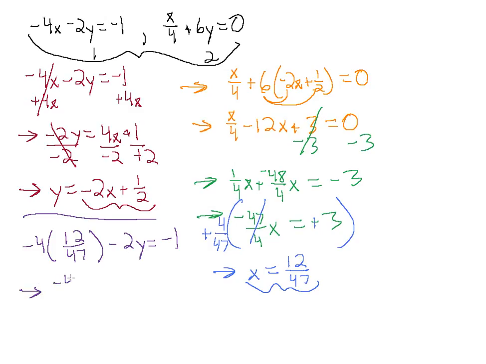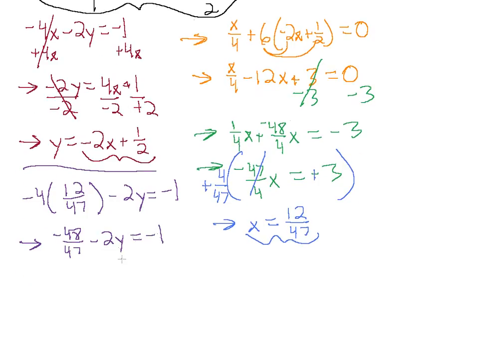We have minus 48 over 47 minus 2y equals minus 1. We want to isolate our variable y by moving everything to the other side, so we can add 48 over 47 to both sides.